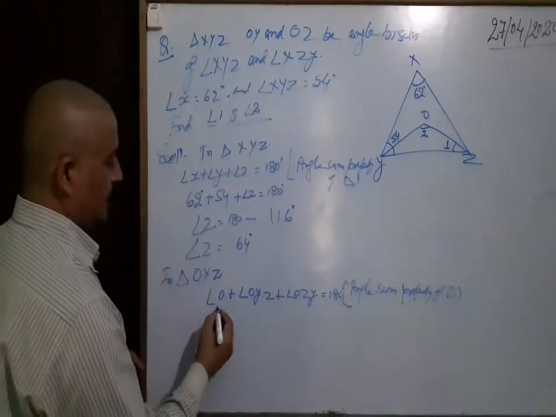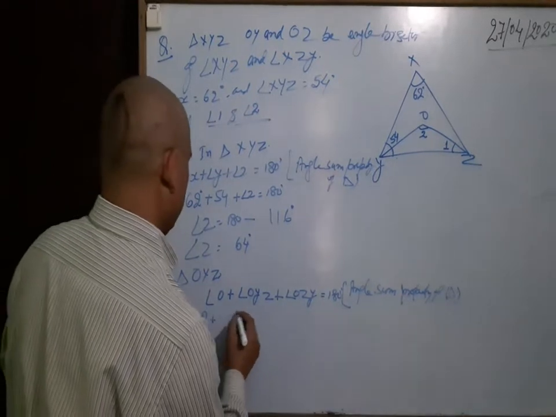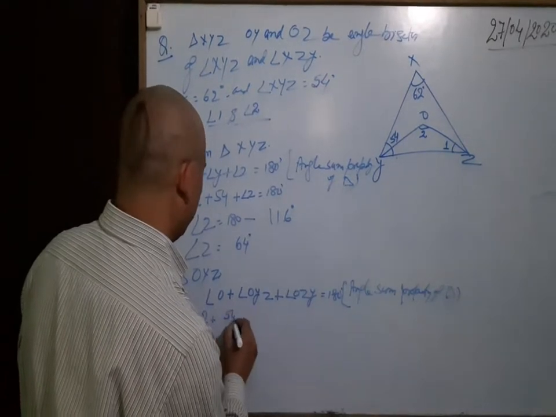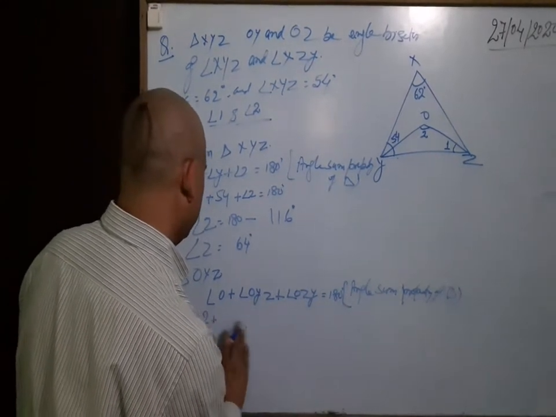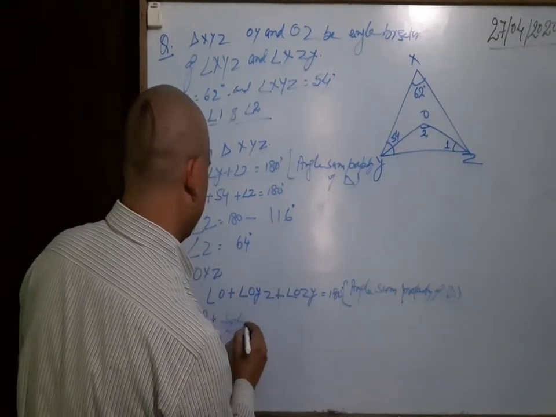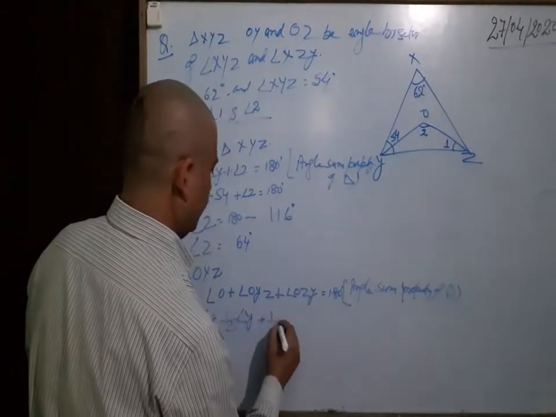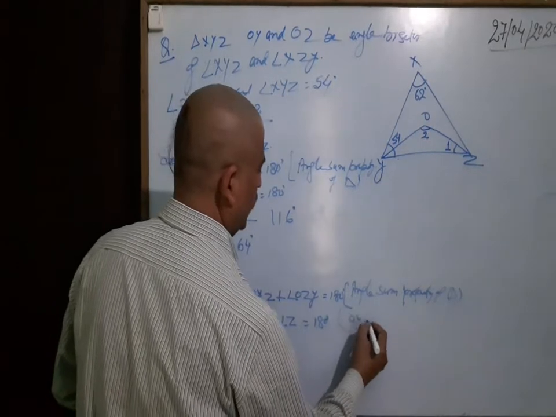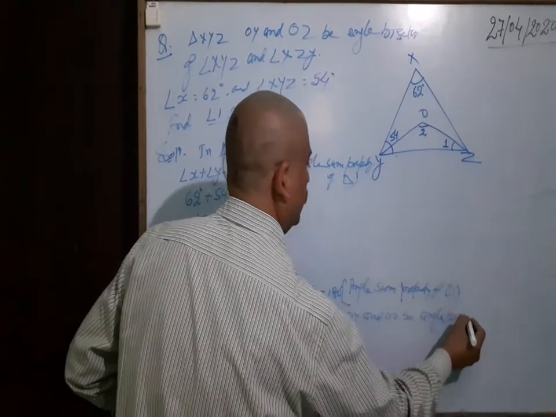Angle O, also written as angle 2, plus OYZ, which is 54 by 2, or we simply say OYZ is equal to half of angle Y, and OZY is equal to half of angle Z, equals 180 degrees, because OY and OZ are angle bisectors.